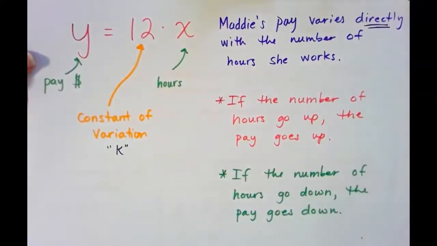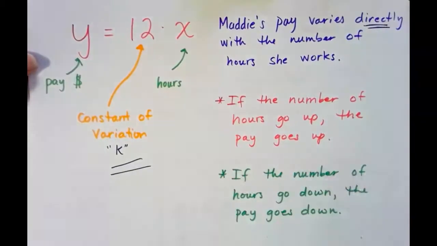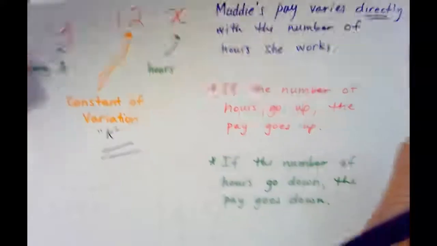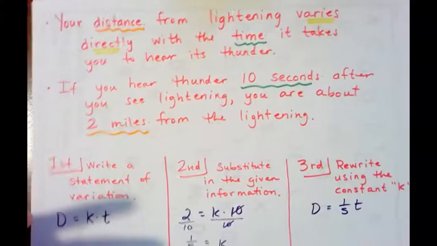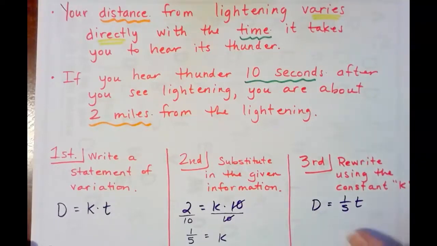So we didn't need to find it in that one, but the constant there, the part of the problem that never changed, was the fact that Maddie gets paid $12 per hour. Well, in this particular problem, we had to use the given information in order to find the K value being 1/5. So now we've got our new and improved statement of variation. D equals 1/5 T.